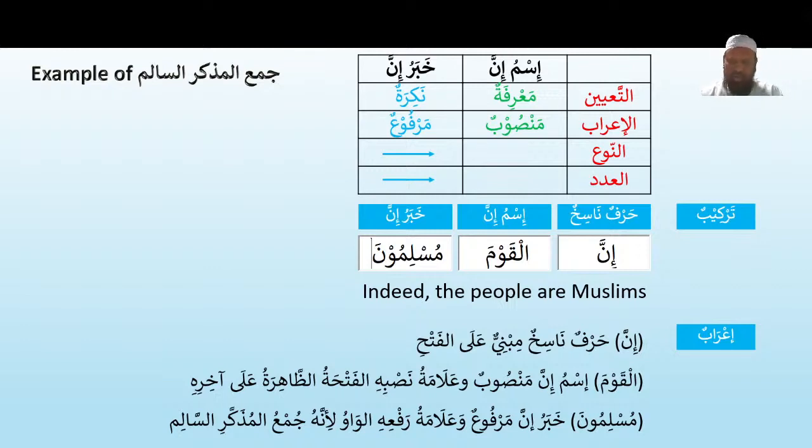Okay, so we gave you two examples, in one example but two ways of اعراب. القوم, because we have the fatha, that is the علامة النصب. Over here, مسلمون, the waw is the علامة الرفع.